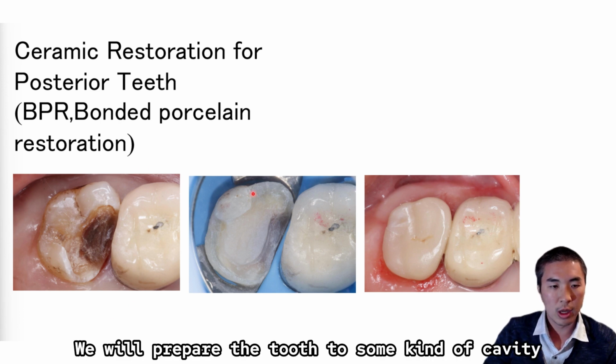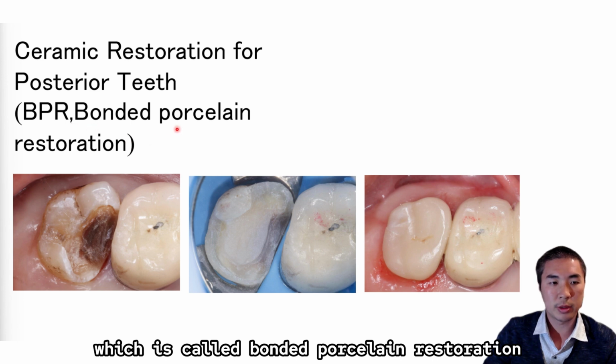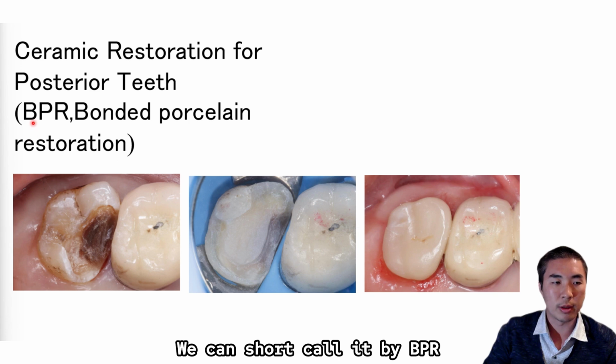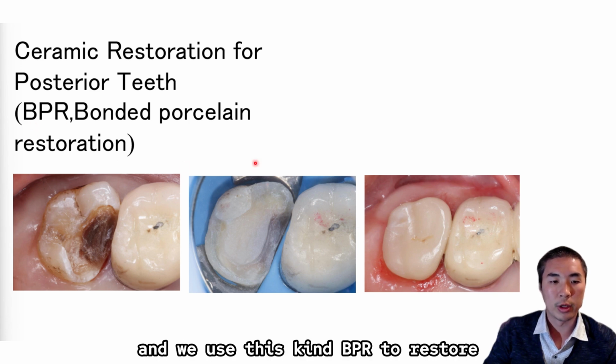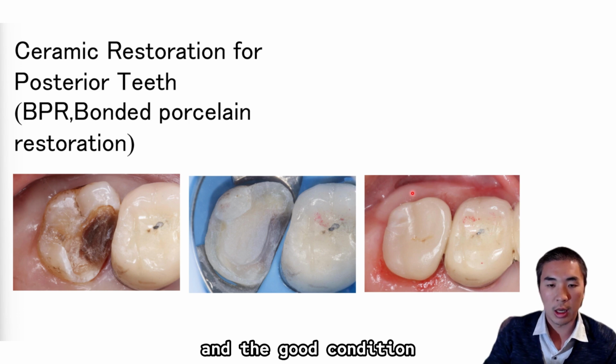So we prepare the tooth with a cavity, take an impression, and use a ceramic restoration, which is called bonded porcelain restoration. We can shorten it to BPR, and we use this kind of BPR to restore the posterior tooth in very good shape and good condition.